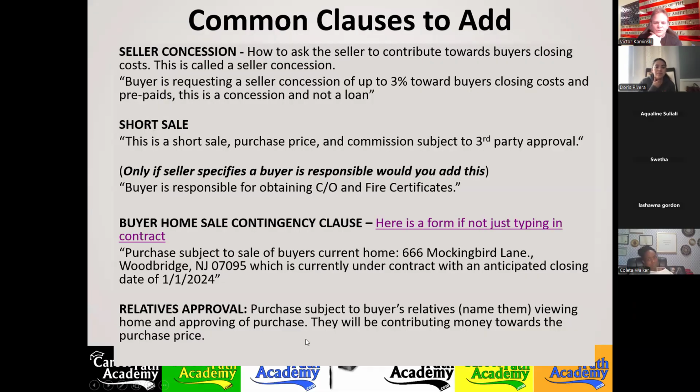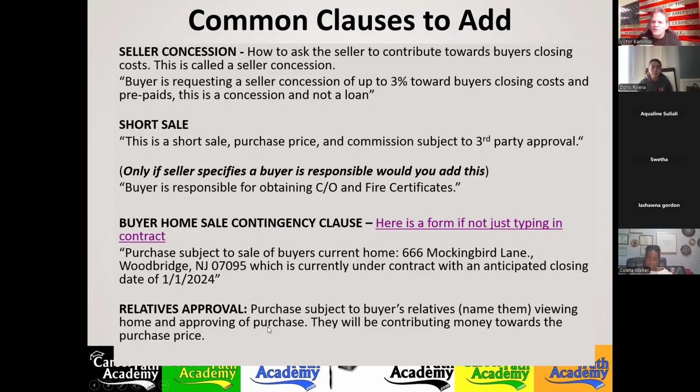Or if it's subject to the relatives who are helping with the money for the down payment or the purchase of the property. First of all, like I said, try to get all the relatives through so you don't got to write them in the contract as a contingency. And if there's still people that you need to write in, well, you got to do what you got to do. You got to look out for your client's interests. So you would write something like purchase subject to the buyer's relatives and put their names in there.